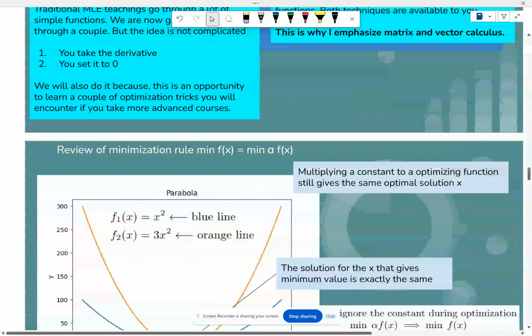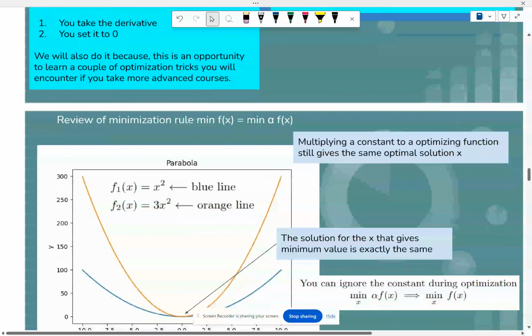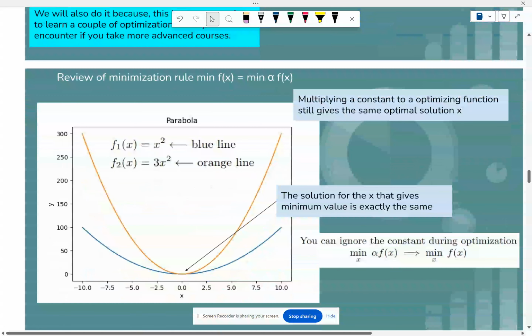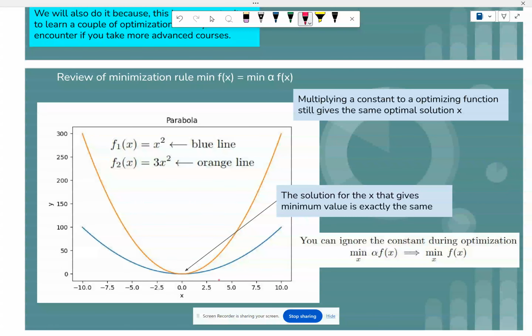All right. Next thing I'm going to go over is a bunch of rules. These rules will make some of the things we do make sense. Rule number one for maximization and minimization: if you minimize a function, that's equivalent to minimizing a constant times the function.